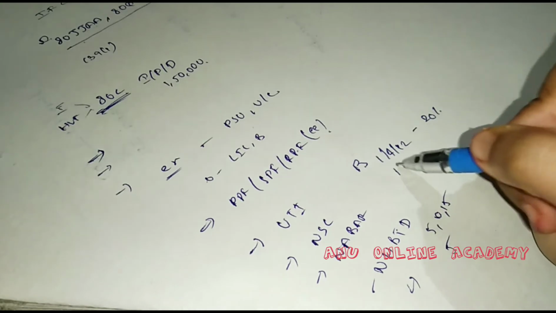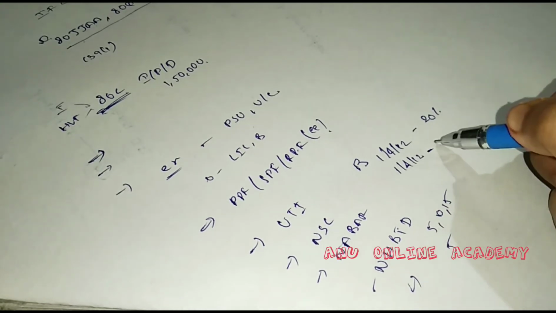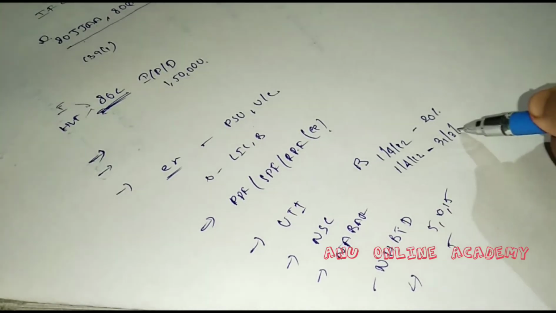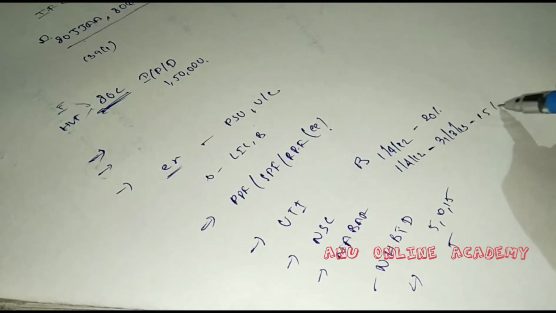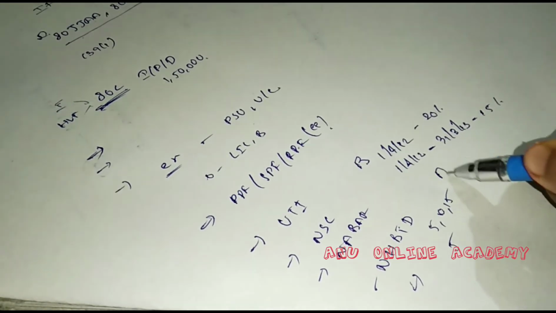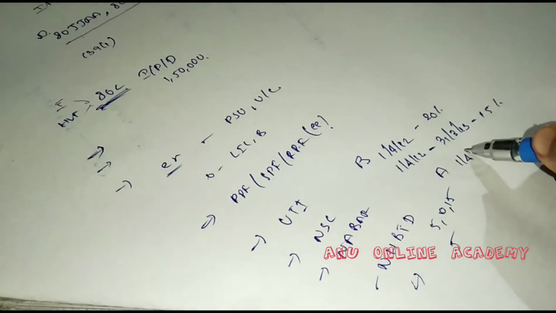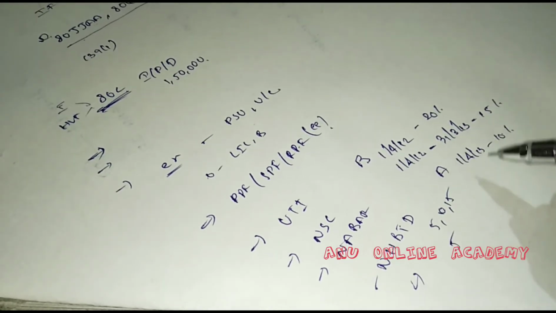From 1-4-12 to 31-3-13, maximum 15 percent of capital sum assured. After 1-4-13, maximum 10 percent of capital sum assured.